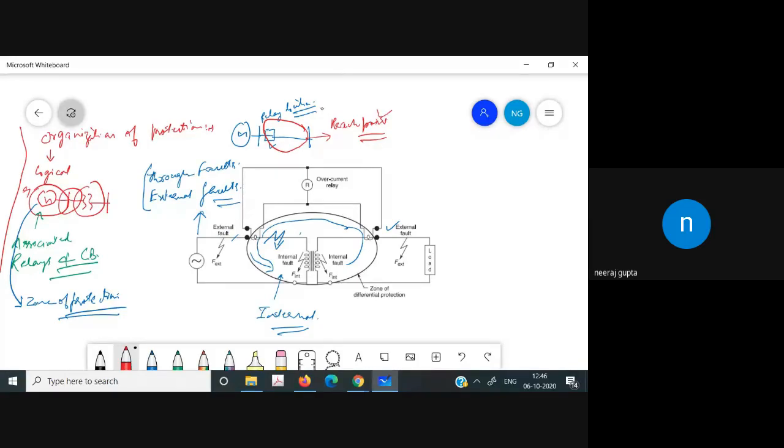As we have discussed, every power system component has a zone of protection, and the farthest point from the relay location in that particular zone is known as the reach point.